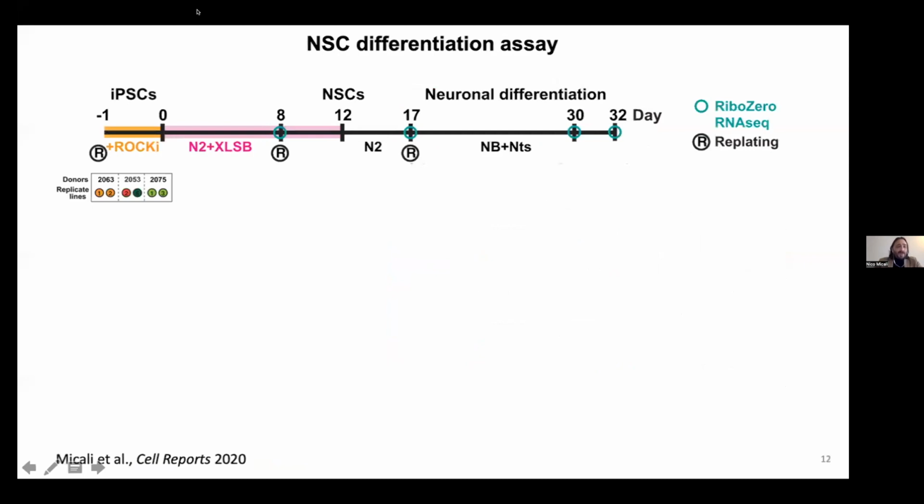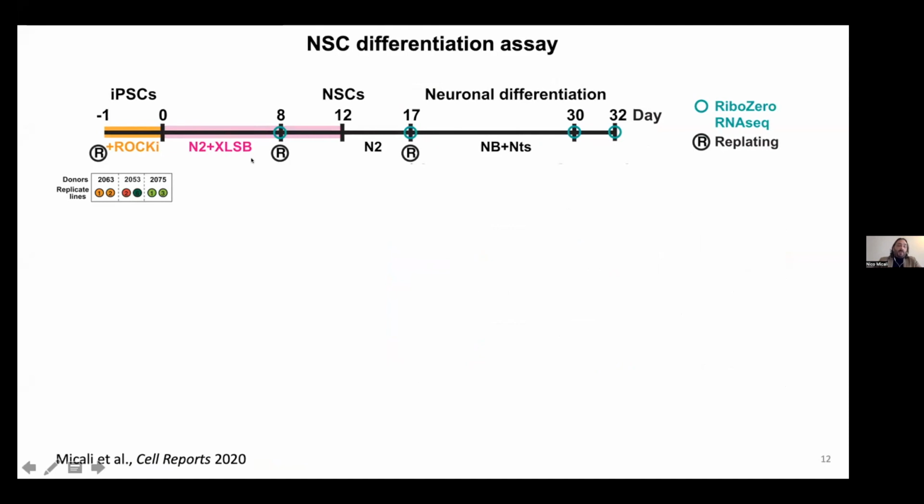We did another type of experiment, where we derived 6 iPS lines from 3 donors, and we differentiated these iPS lines into neural stem cells and then directly into neurons. So we didn't apply FGF, and we didn't passage the cells.